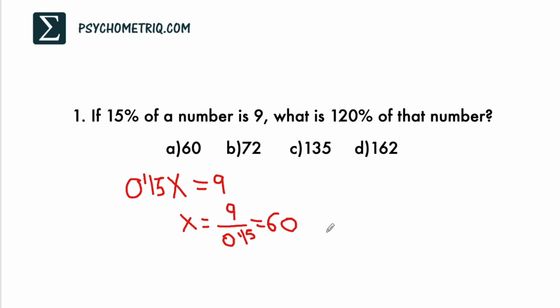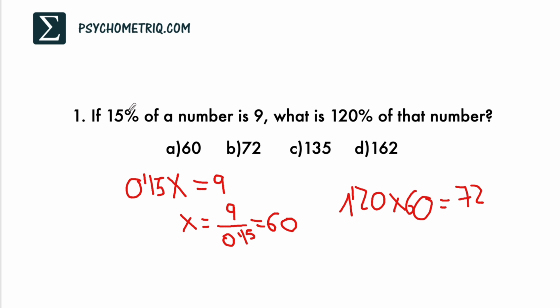And now they tell us what is 120% of this number of 60. That is, if we add 20% of 60 to 60, what number do we have? And this is the same as doing 1.20 times 60, which is equivalent to the number 72. And here, one way to do it faster would be to do it by approximation.